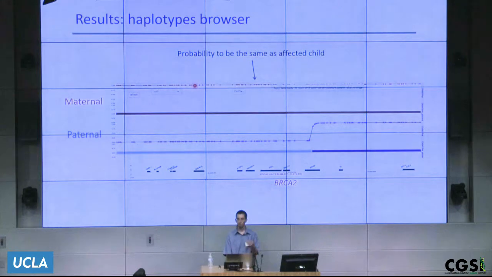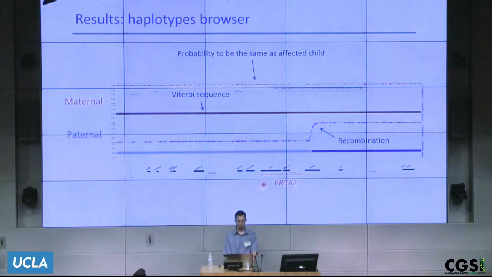This is the posterior probability computed using the forward-backward algorithm. This bar here for the mother and this bar for the father show the Viterbi sequence, the most likely sequence. For example, what we see here is a recombination event. The embryo had the same chromosome as the affected child, and then there was a recombination event.